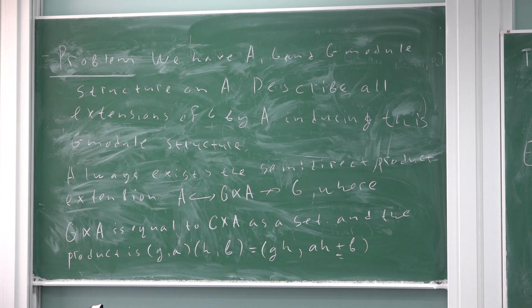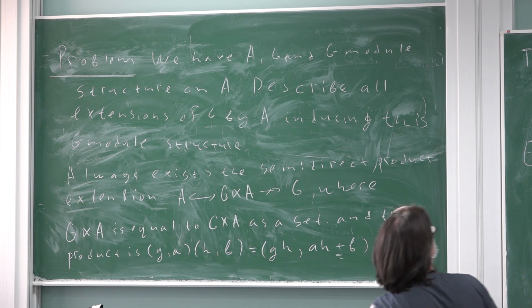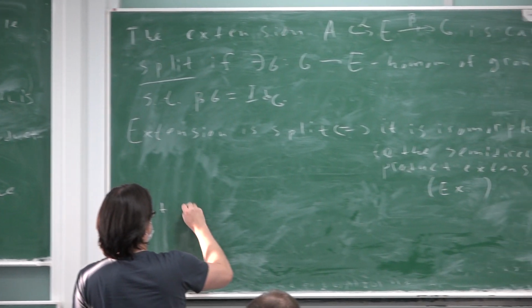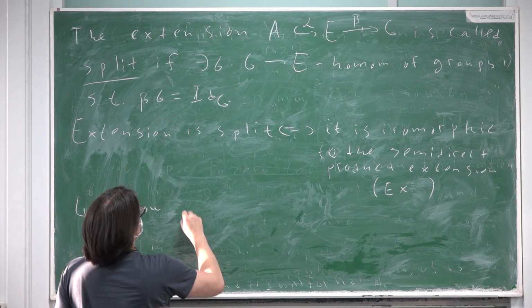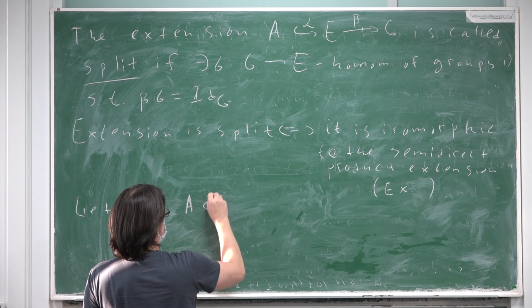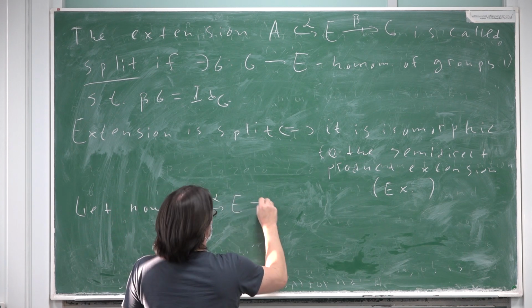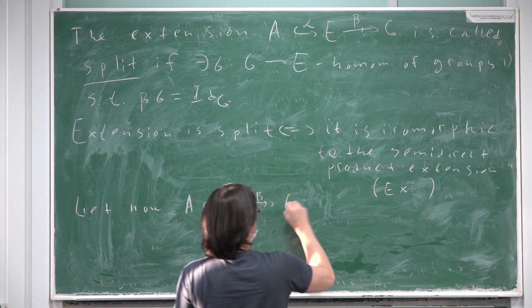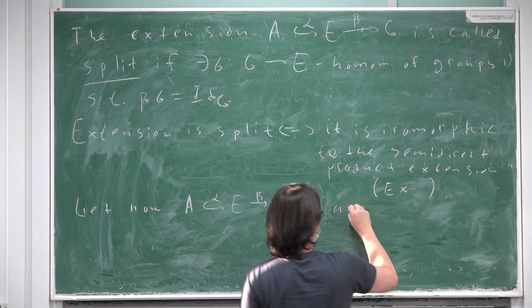So now let us take an arbitrary extension. Let now A, alpha, E, beta, G be an arbitrary extension.